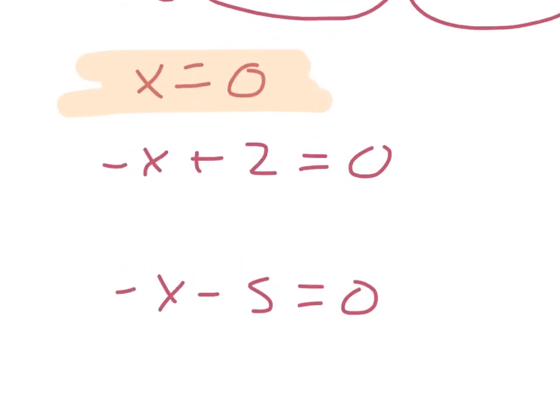So how do we solve negative x plus 2 is equal to 0? What do we do first? We could subtract 2, or we could just add x to both sides. So we get 2 is equal to x, because those x's will cancel.